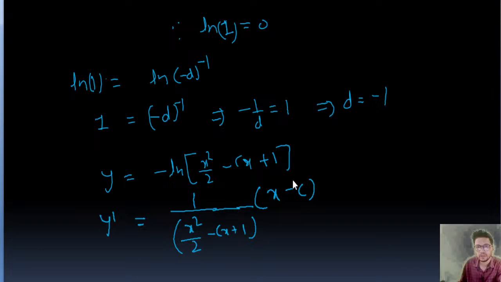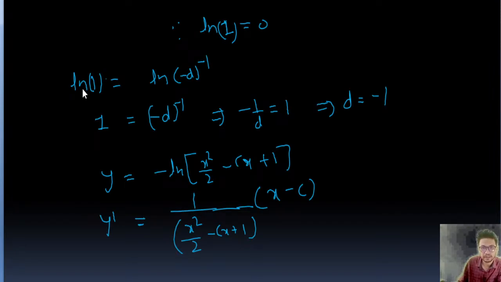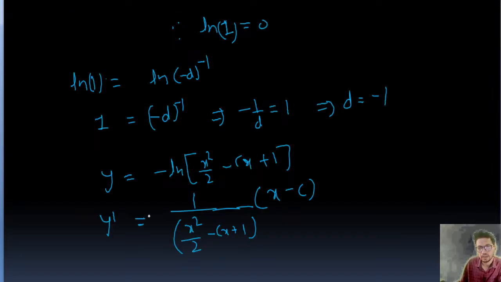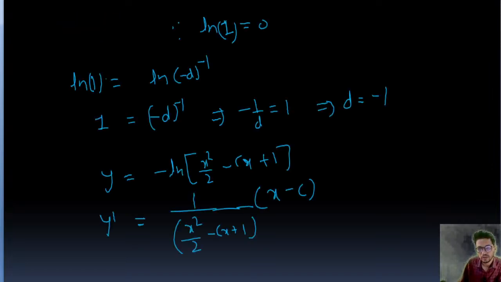Right. Now we'll put the second boundary condition. We have been given y dash at 0 equal to 0. This means y dash equal to 0 and x equal to 0, right? We'll put this here, right? So this is going to be y dash is 0 equal to 1 upon x.